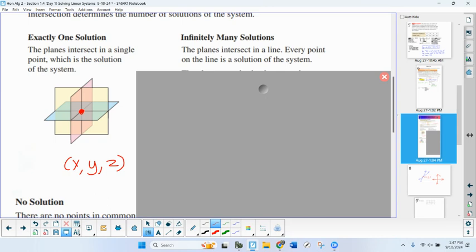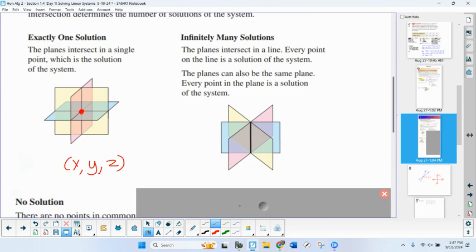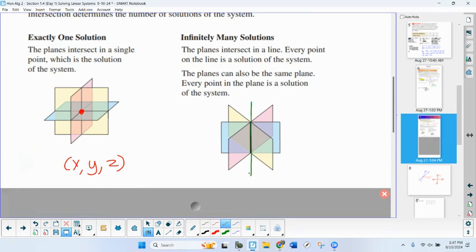They might have infinitely many solutions. The planes might intersect all on this line. Notice I did not say all real numbers. Sometimes students say all real numbers, but this point out here is not a solution. Remember, when you had systems of equations, they intersected at one point, at no points, no solutions, or these guys were infinitely many solutions.